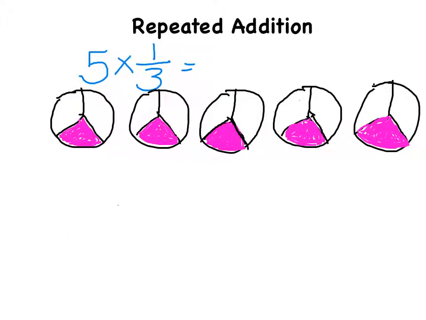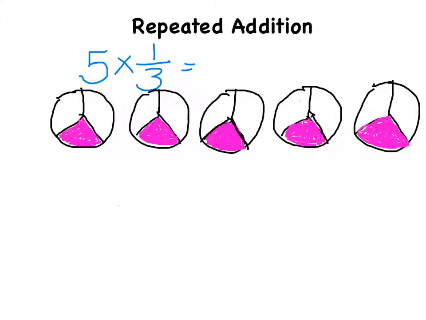As you know, multiplication is repeated addition, so we can also look at multiplication of fractions as repeated addition. As you can see here, I have a pictorial model, the 3 circles. Don't judge me on my drawing. And we have each circle divided into 3 parts, and I colored in 1 of the 3, which is what our fraction told us, 1 out of the 3 parts of the whole.